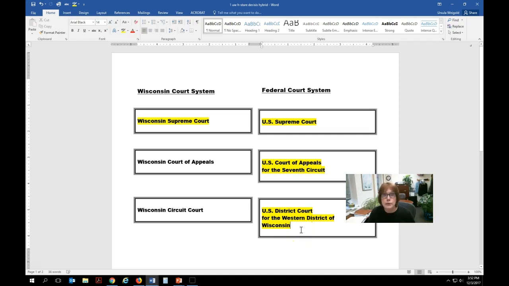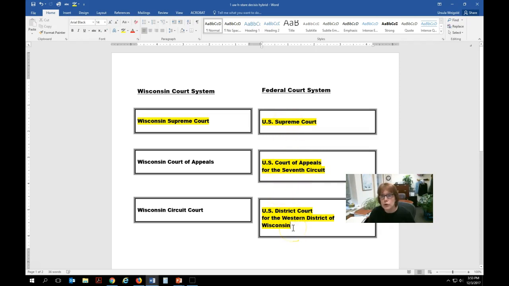And let's say then subsequent to that decision, the Wisconsin Supreme Court does in fact interpret or consider the same question and contradicts what those binding federal courts have said about state law.